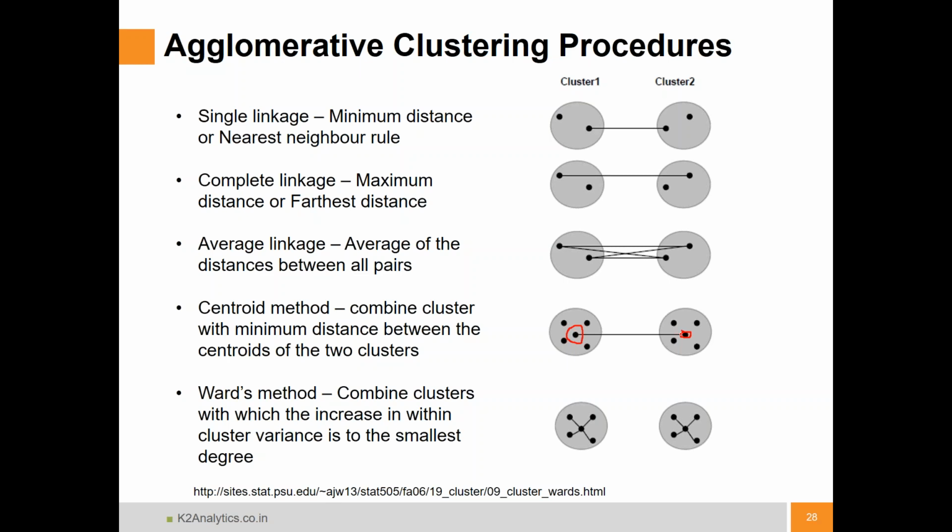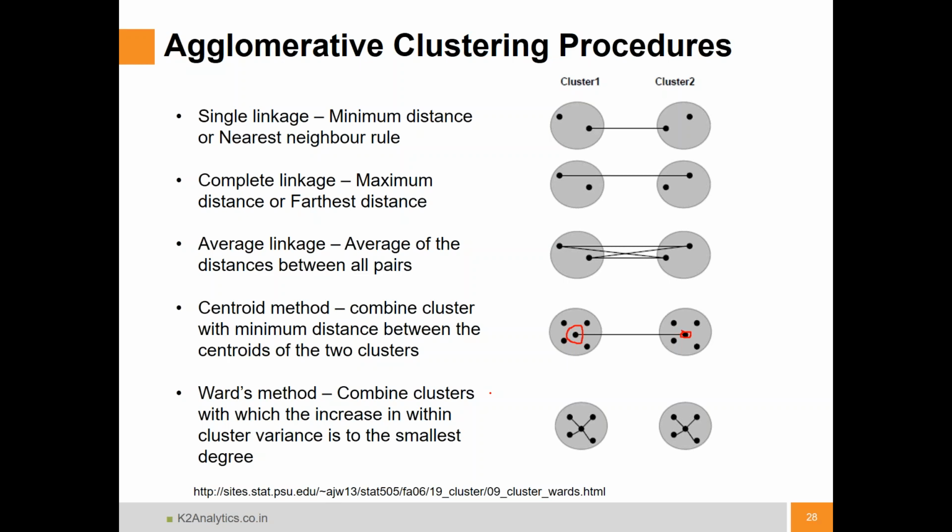And the final thing is Ward's distance. Let me read the statement first. Ward method combines clusters with which the increase in within cluster variance is to the smallest degree.